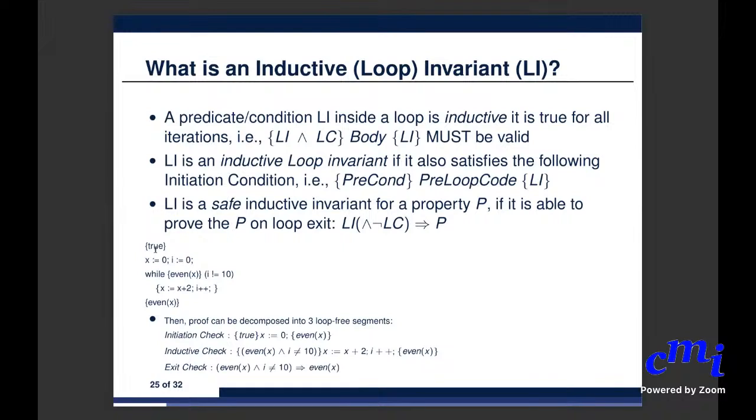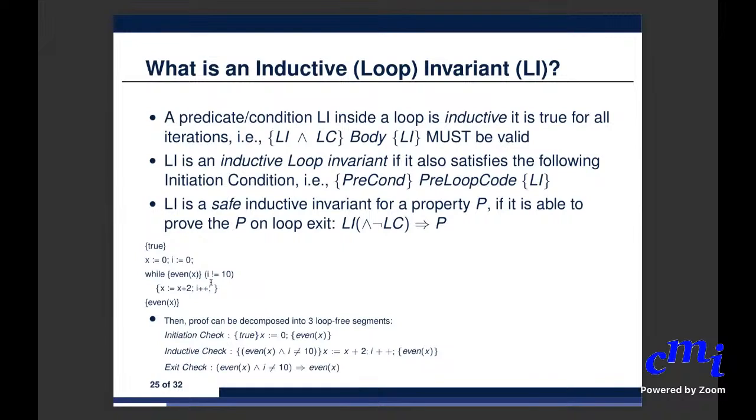Consider the program here. There is a pre-code. You do some initialization for X and I. And then in the loop, you are incrementing X by 2 a certain number of times, in this case 10 times.